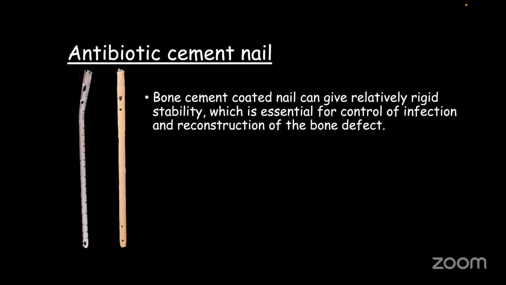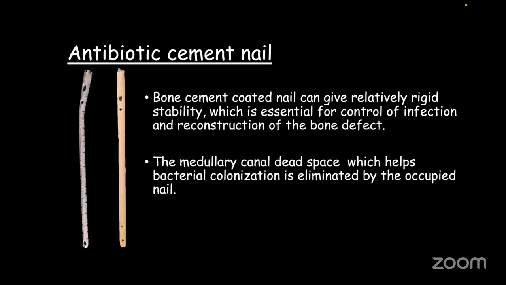The other one was custom made on the table inside the operation theater. Bone cement coated nails can give relatively rigid stability, which is essential for control of infection and reconstruction of the bone defects.